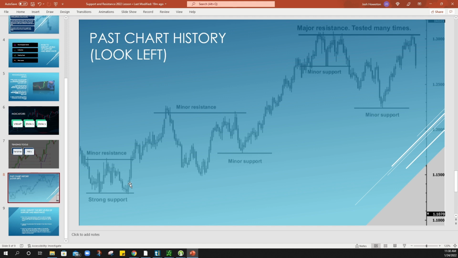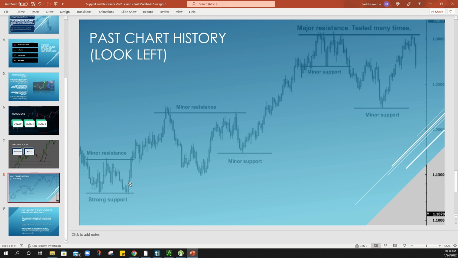Don't go back a year or 2 years, go back 10 years, go back 20 years. Look left. So in my opinion, one of the most important ways to identify a key level of support and resistance is past chart history. What's happened in the past? Because history likes to repeat itself.